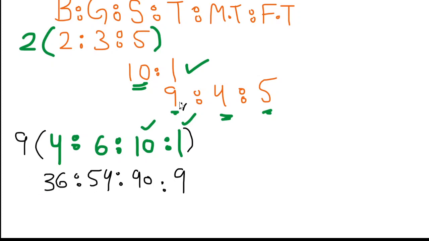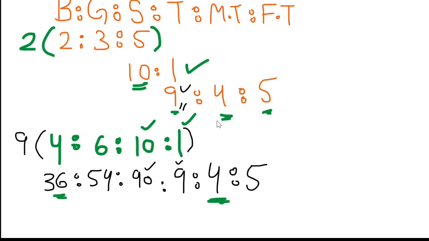Now that the total number of teachers and the total number of students are comparable, I can simply slide these down as they are, without any change. Now I can compare the male teachers, which are 4, and the boys, which are 36.